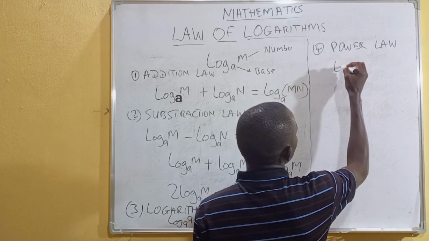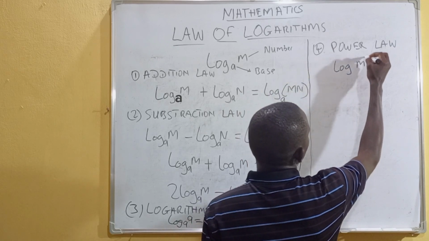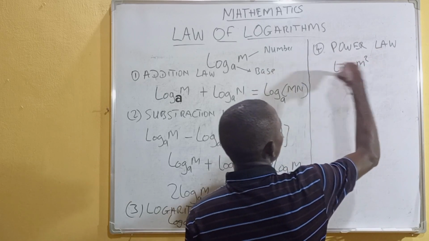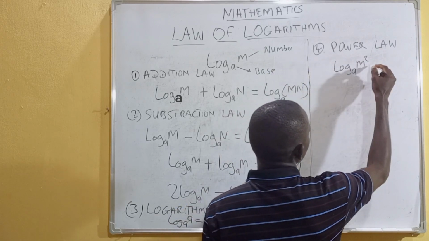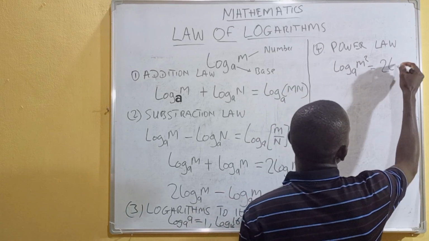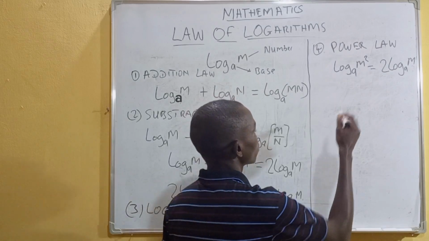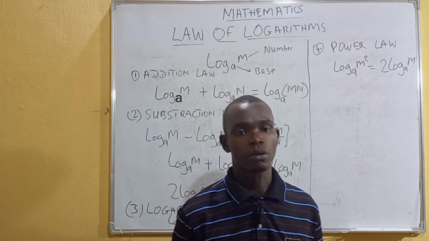If we have log of m squared with a base a, this power is used to multiply the logarithm, which will now be 2 log m with a base a. This is what we call the power law.